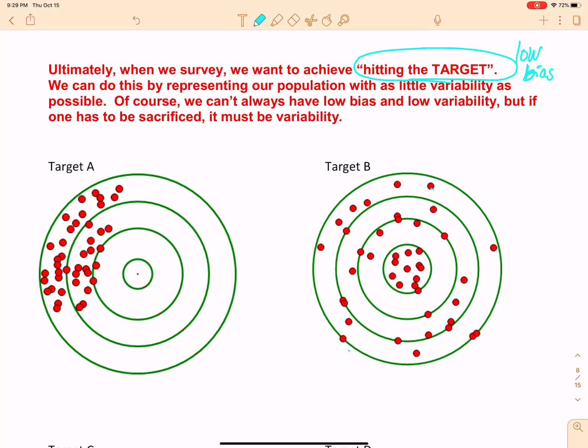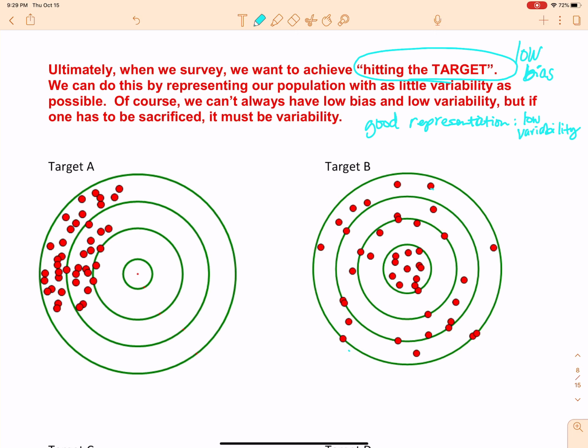Now, we also want our sampling to be a good representation. Okay, we want it to represent our population well, and we can tell it's doing that if we have low variability. So ideally, what we want is we want to target our population correctly, and we want a good representation of our population.